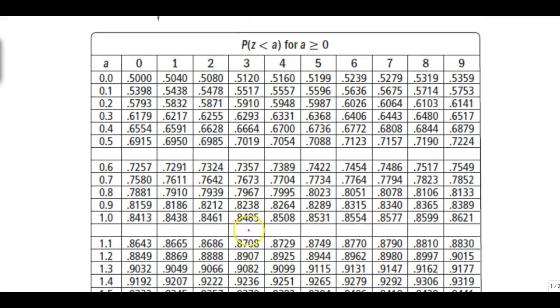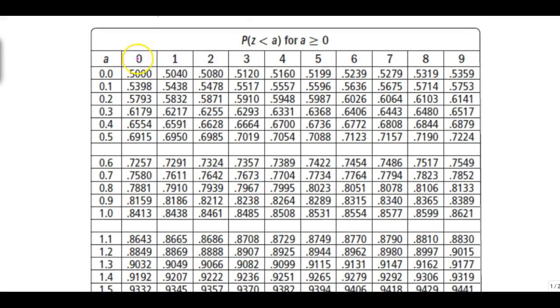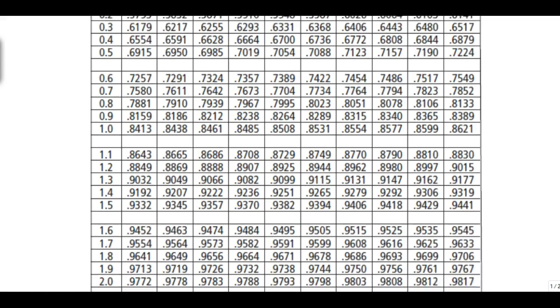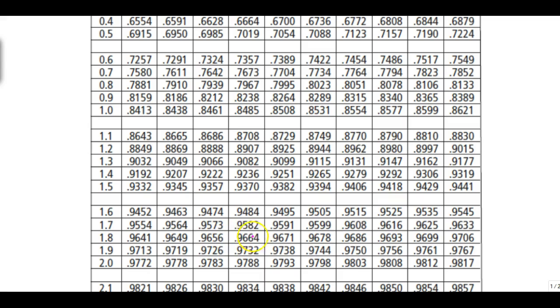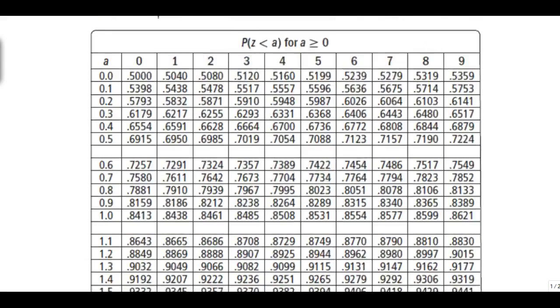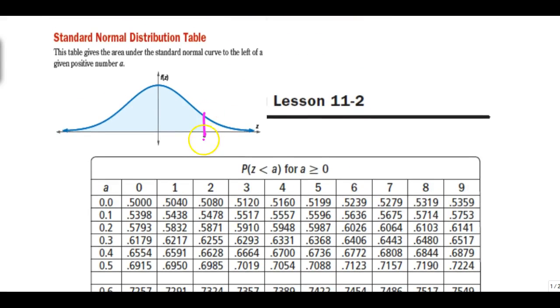The first column actually is column 0, so we're going to go over to the fourth column. And so the probability that you'd be less than 1.83 standard deviations above the mean is 0.9664. So if we were looking at it in picture form, if the A value here is 1.83, the area that I'm shading is 0.9664.